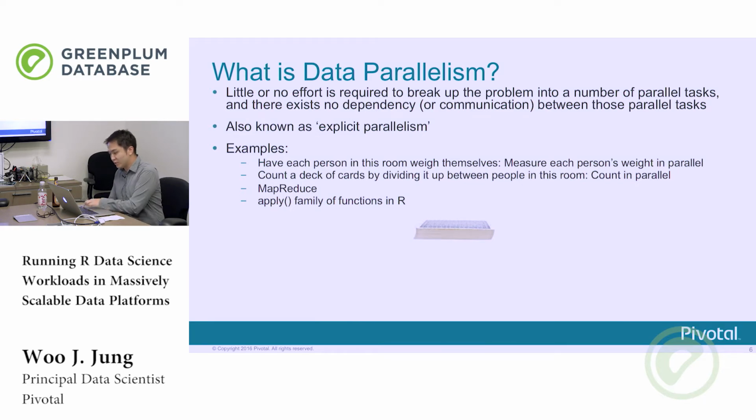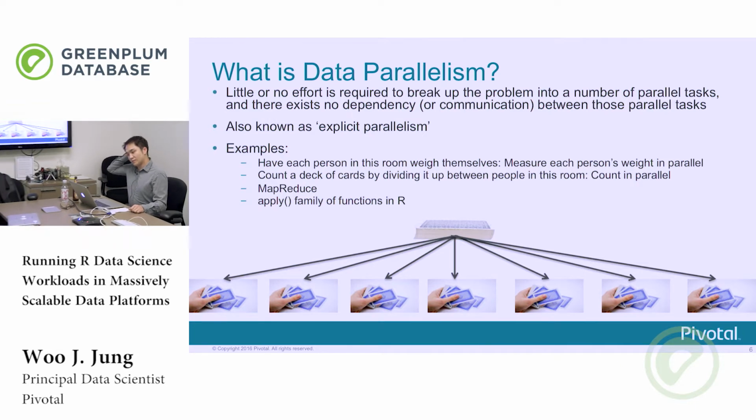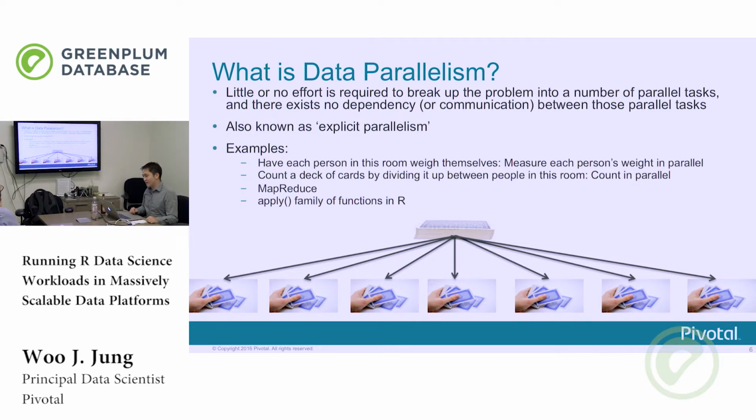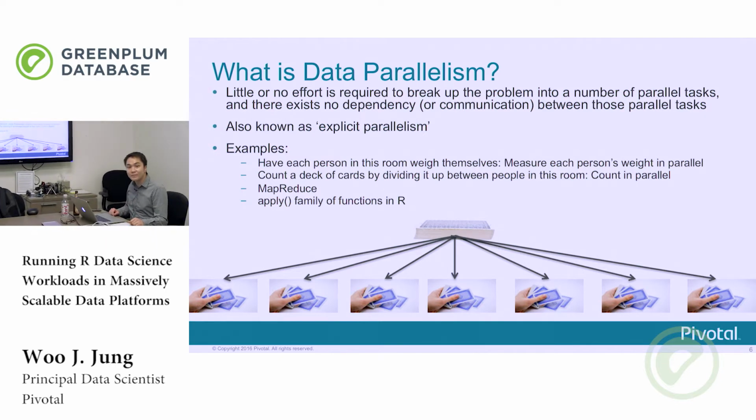In plain English, one way to think about this is if you have everyone in the room together, and the mission is to count up a deck of cards for some crazy reason. You have one big deck, and in one scenario, you could have one person in the room count up that entire deck by herself, which would take a certain period of time.